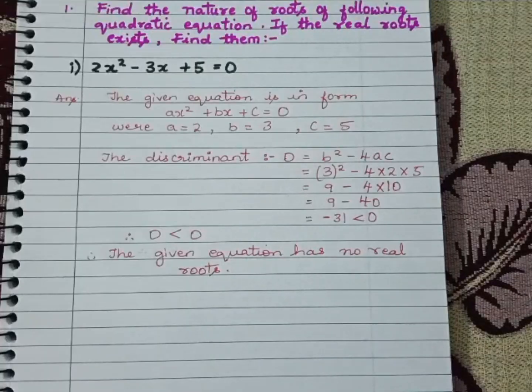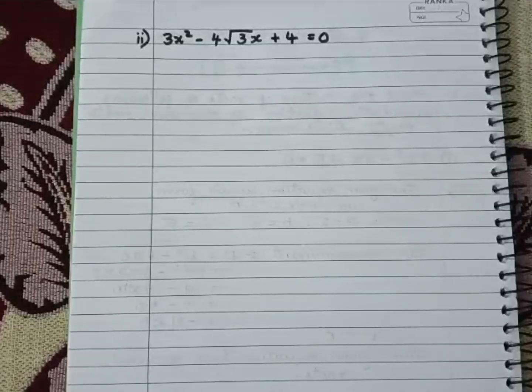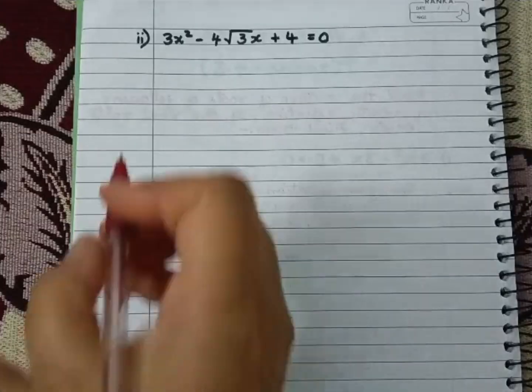Okay, now let's go for the second question. The second question is 3x square minus 4 root of 3 x plus 4 is equal to 0.